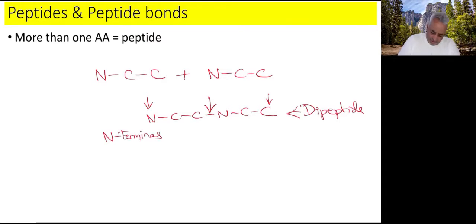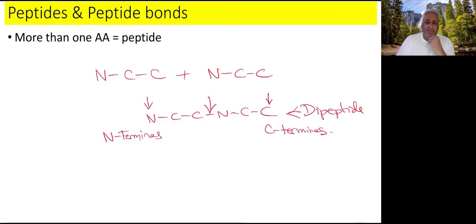And naturally, this side is called the C-terminus. A good way to remember this is that nature makes polypeptides backwards with respect to the alphabet. N comes after C in the alphabet, but with respect to building these polypeptides, it's the other way around.